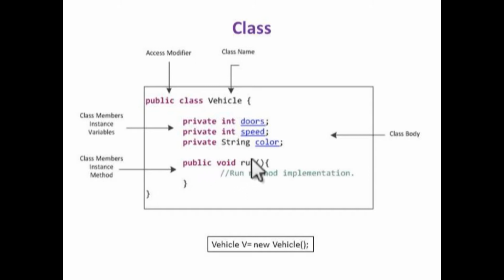With the help of this function we can communicate with the outside world. Other class functions can access this function, but these variables, the instance variables of the class Vehicle, are made private, so other functions or other classes cannot access these variables.